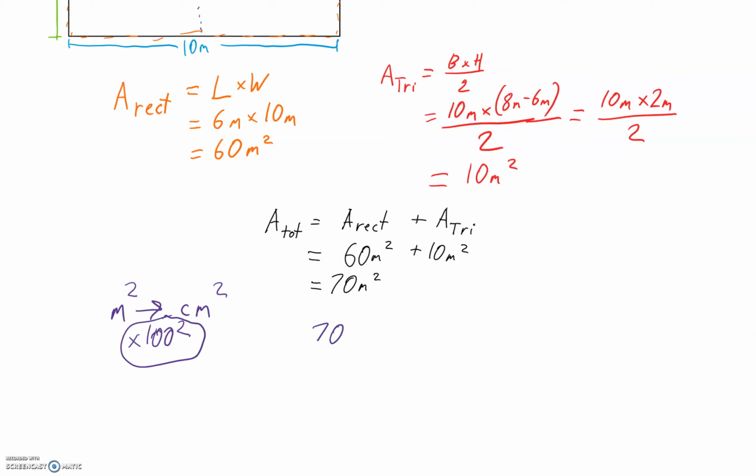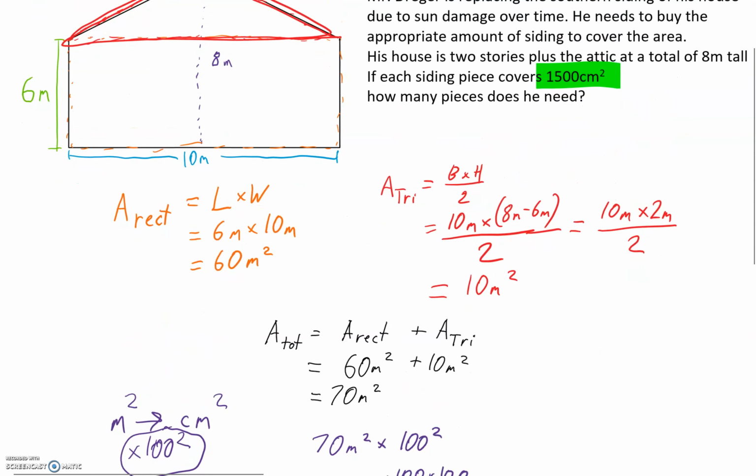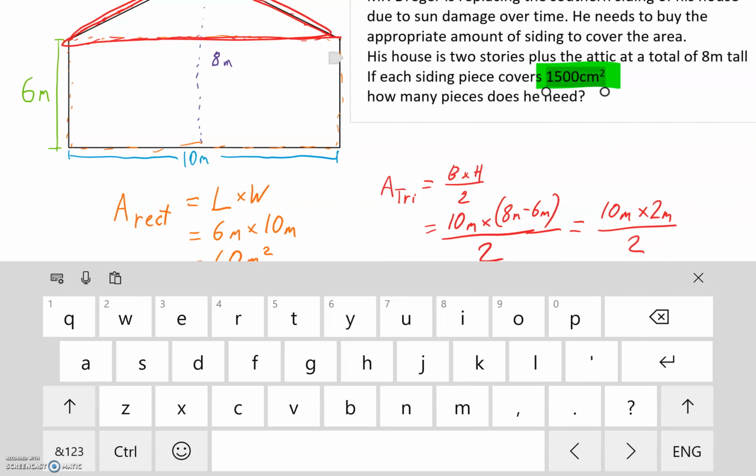So 70 meters squared times 100 squared. Or you could write it times 100 times 100, or times 10,000. Oh, I missed a zero here. I meant to have one more zero.